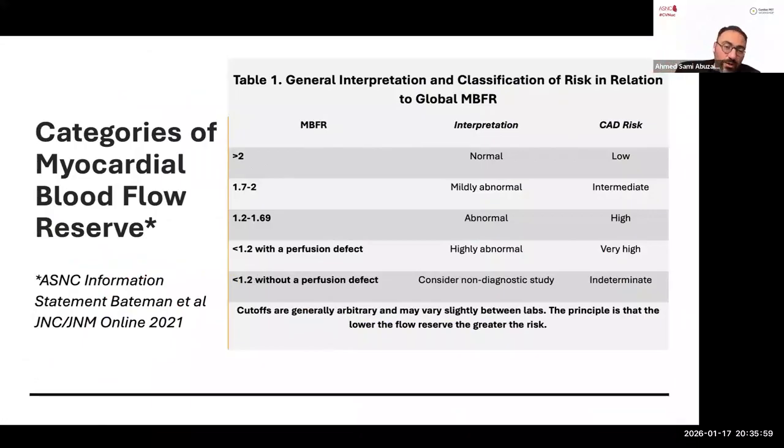Otherwise we have low myocardial blood flow data but normal perfusion with no reversible ischemia, and we label them as abnormal and take them to the cath lab. So understanding what we are getting, we have to check the quality control, and that is important.